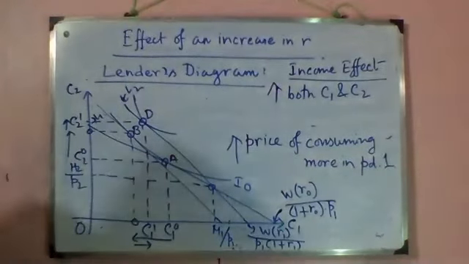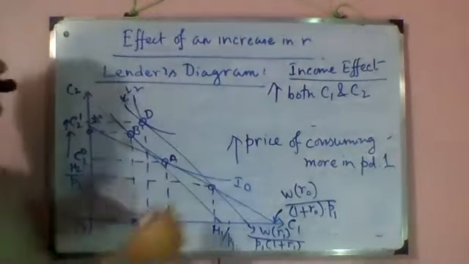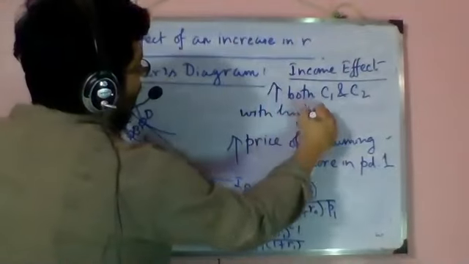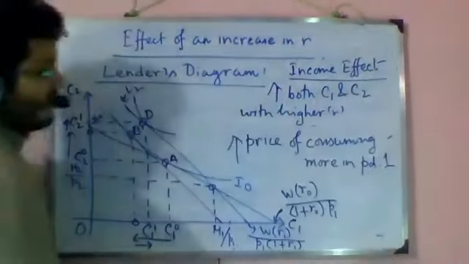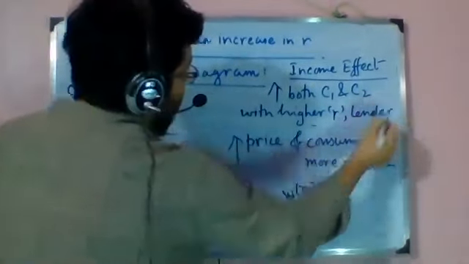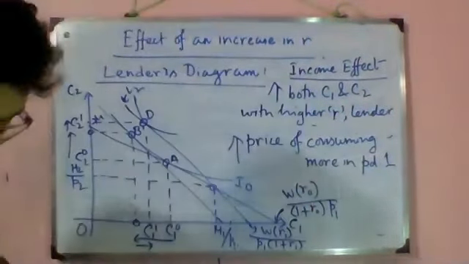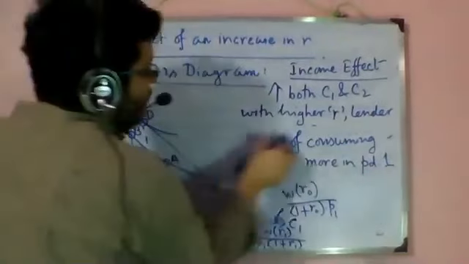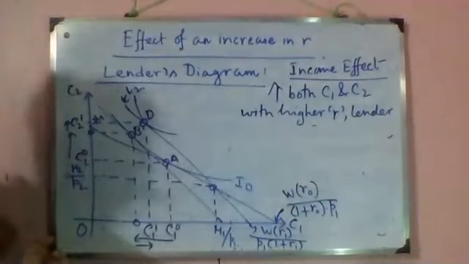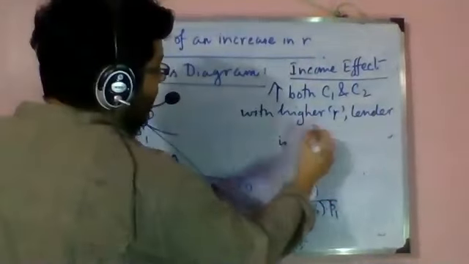Okay. So why do both C1 and C2 increase? Because with higher R, the lender is richer now.